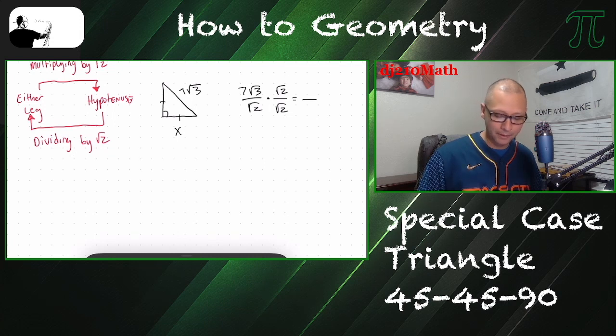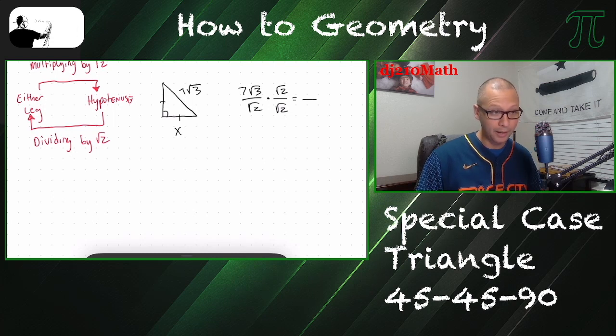Another little trick is that when you're multiplying square roots and the radicands, the parts inside, match, then the answer is just the radicand. So root 2 times root 2 is just 2. Up top, outside times outside, which is 7. And root 3 times root 2, which is root 6.